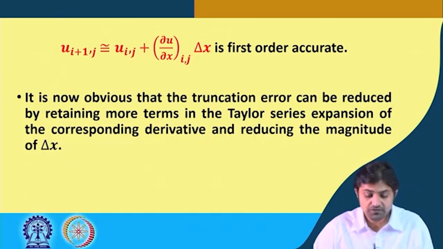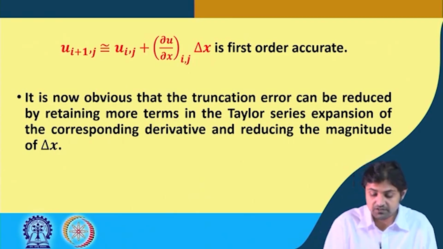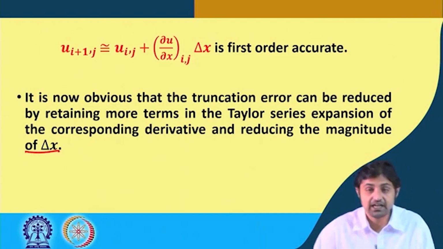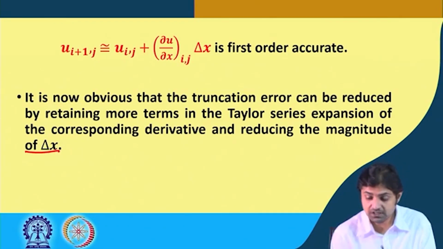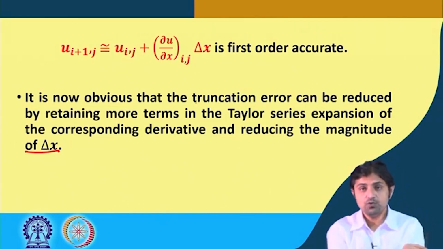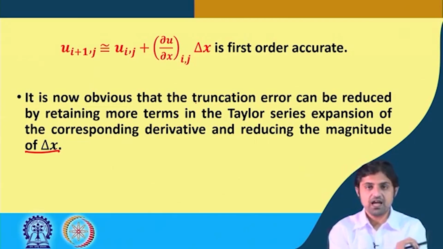So, it is now obvious that the truncation error can be reduced by retaining more terms in the Taylor series expansion of the corresponding derivative and reducing the magnitude of delta x. One important thing to note here is that there is a truncation error. The full value will be the exact and perfect value, but we have decided to truncate some of those terms. Truncate means leave out those terms.